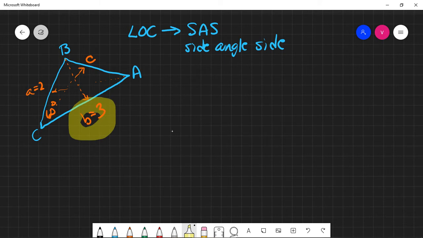So here you go again. You have a side followed by an angle followed by a side. Side, angle, side. That's what you were given. You don't know angle B, you don't know angle A, you don't know side C. You have 2 sides with the angle in between. So let's find the missing side C.